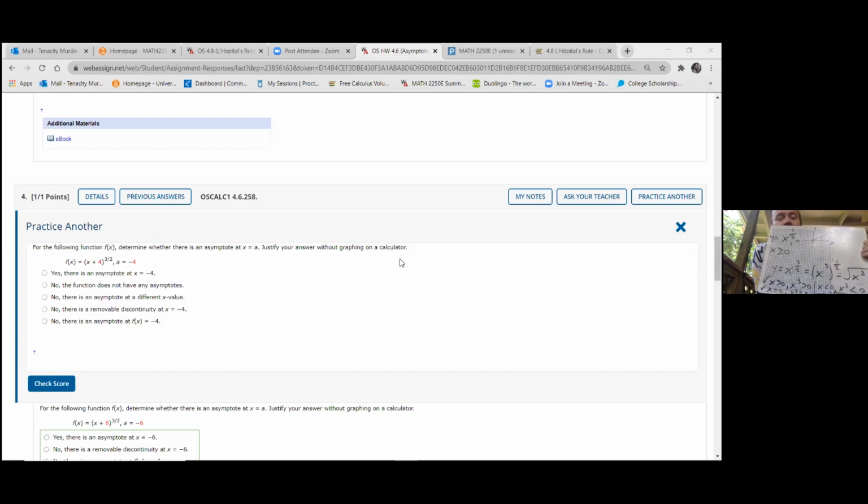And then at the bottom, it says, no, there is an asymptote at f of x equals -4. And in this case, I ask once again, how could f of x equal -4, right? F of x is equal to the square root of something.